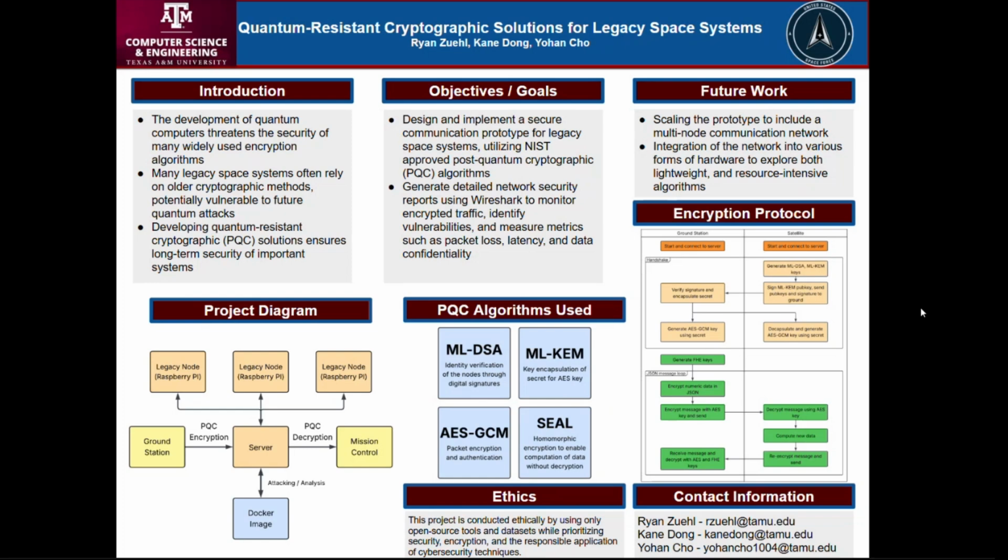All encryptions used in this solution are open source and have been NIST approved, meaning that they have gone through a rigorous amount of testing and verification to be classified as post-quantum and resistant to quantum attacks. The two algorithms used for the client and server handshake are MLDSA and MLKEM.